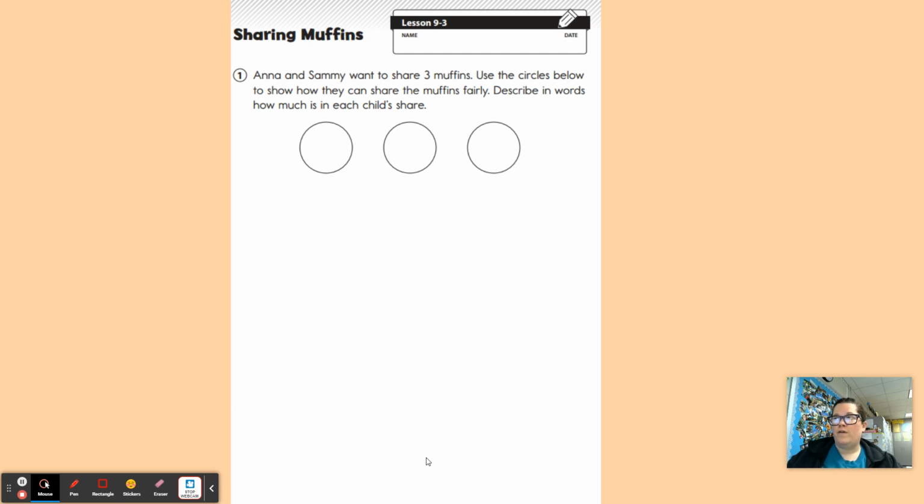All right, so you can draw that on those 3 circles, and then right below it, how much each kid is going to get. It might help too when you divide up your 3 muffins to draw labels for the parts that Anna might have or that Sammy would have so that you can keep track of if they have the same amount or not.